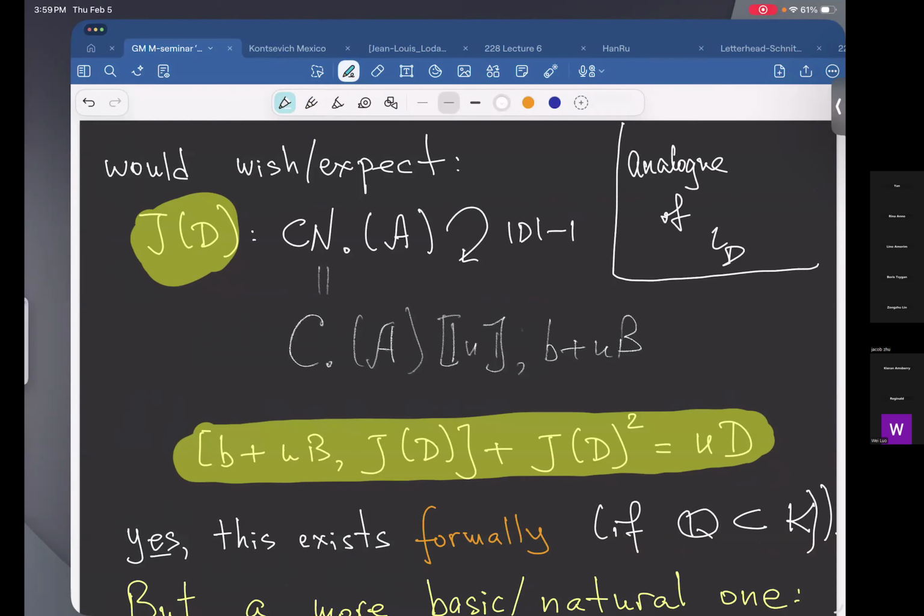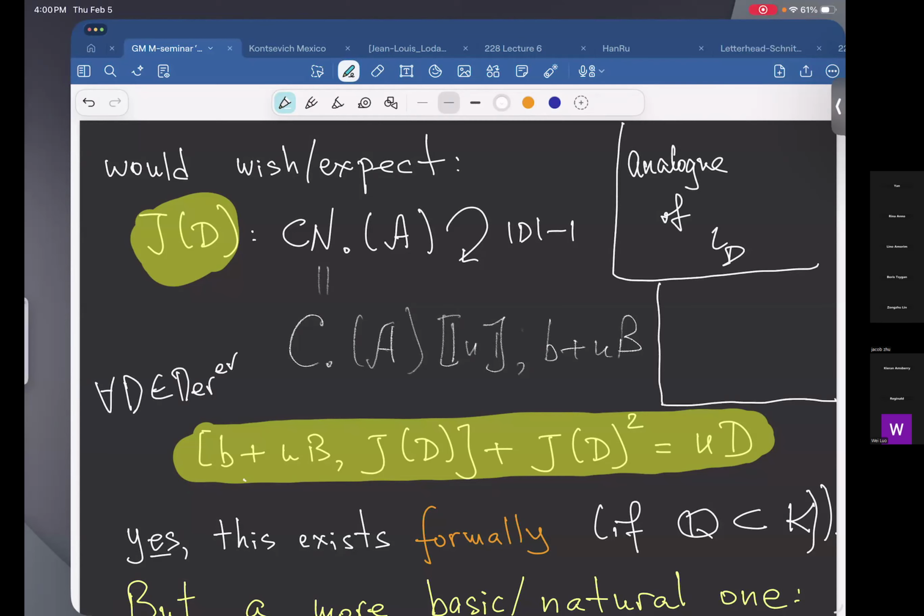Yes, Cn is negative. You will see in a second why. I expect for any even derivation such an operator, correct, no denominators, satisfying this formula.